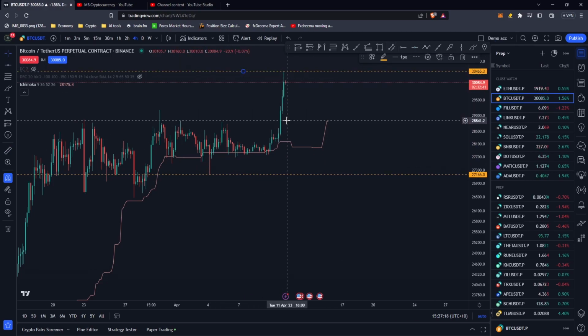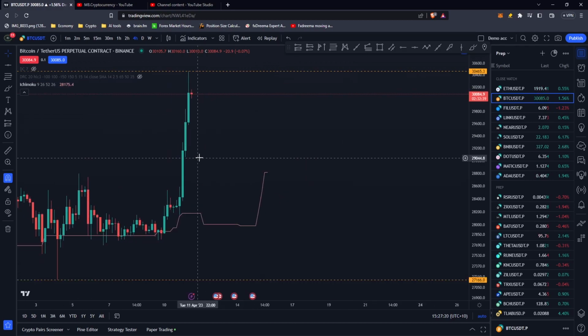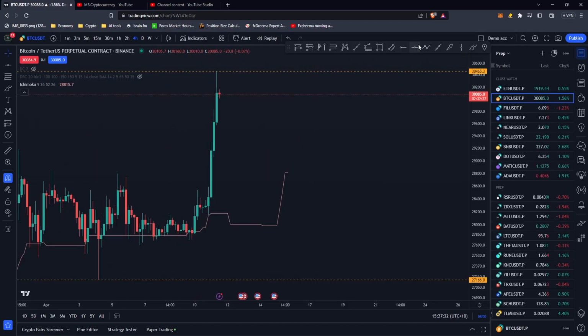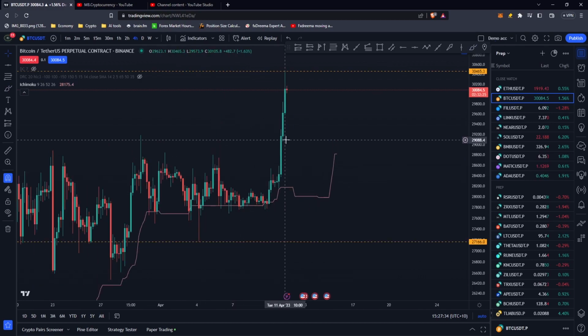So it should be somewhere around here, but as we spoke, instead of showing exactly right here, it shows 26 candles in front because it's going to work as a leading indicator.